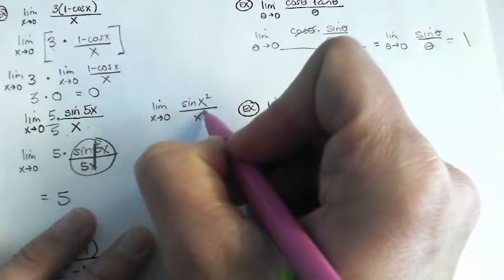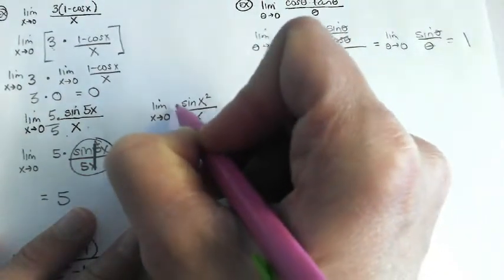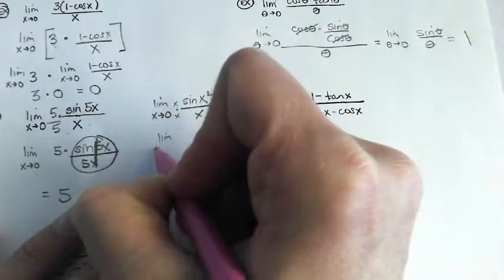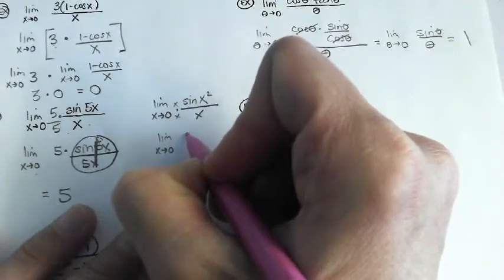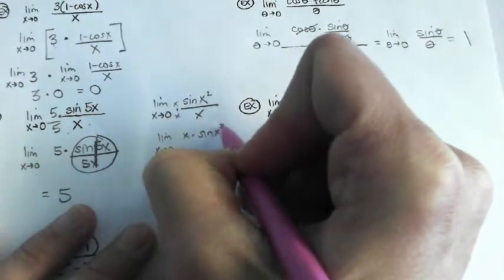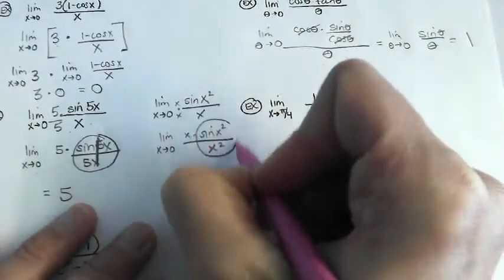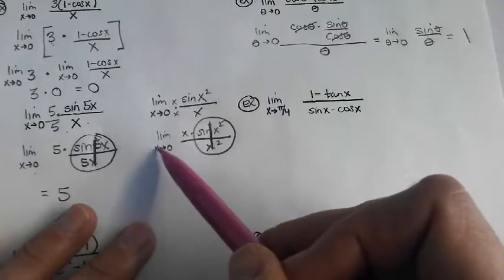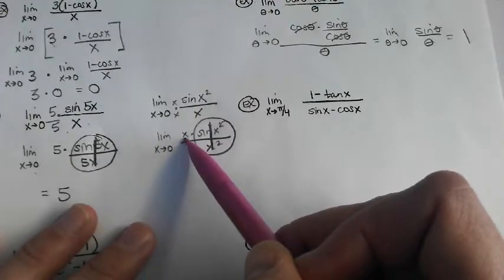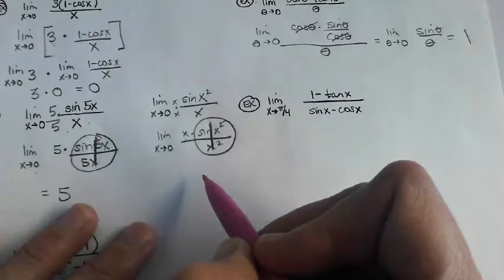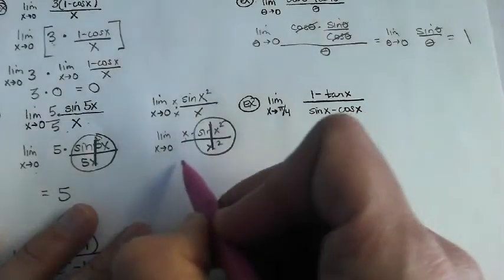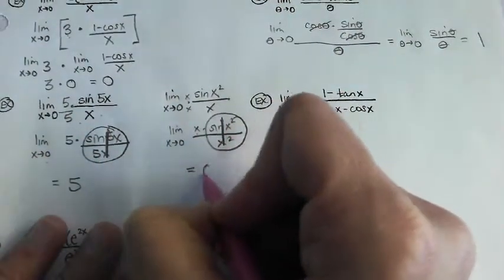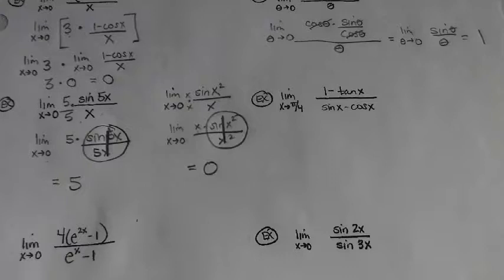If I need this to be an x squared, I need to multiply it by an x, so I'll multiply by x over x. And that'll make it the limit as x approaches 0 of x times sine x squared over x squared. So this will just be 1. And then I'm just looking for the limit as x approaches 0 of x, which is what? 0. This now allows me to plug in 0 for x, and your answer would just be 0. Does that make sense, Adam?